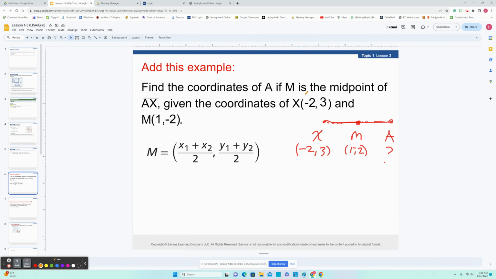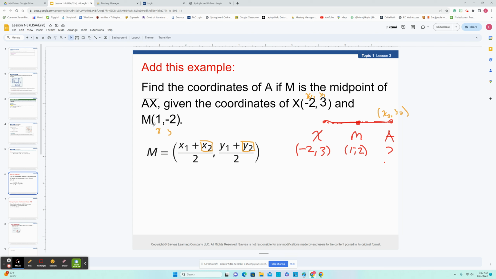Okay, so this is x1, this is y1, and right here, point A contains x2, y2. So these are what we're going to find. The other thing you need to realize is that this is just x, this is just y. So when we set this up, this equals this part, and this guy will equal this part.